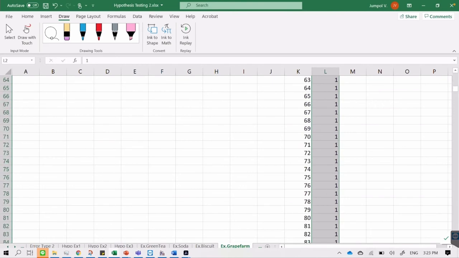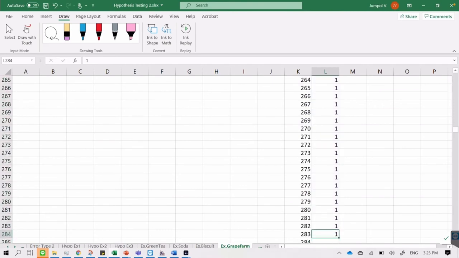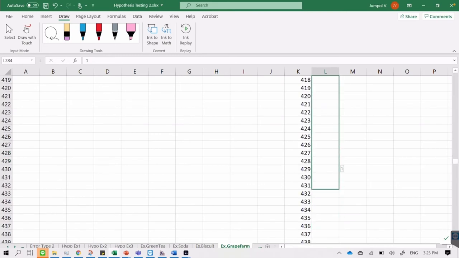So we keep going until 372, and then the rest will be 0 until 600.